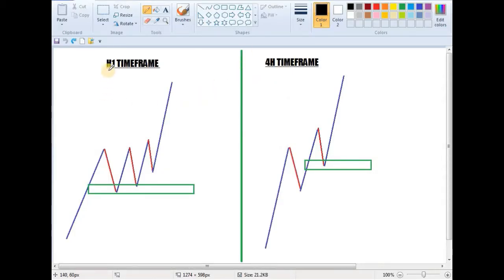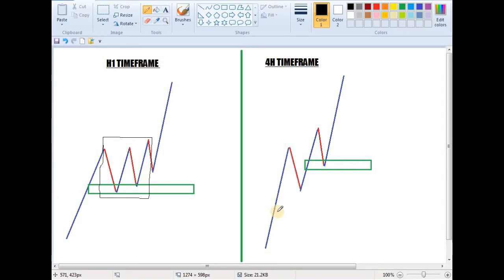So as you can see here guys, this is our H1 time frame and this is our H4 time frame view. On our H1 time frame, it's different from our H4 time frame view, meaning the dealer here has done more of a consolidation.